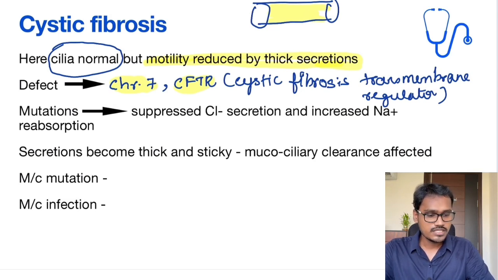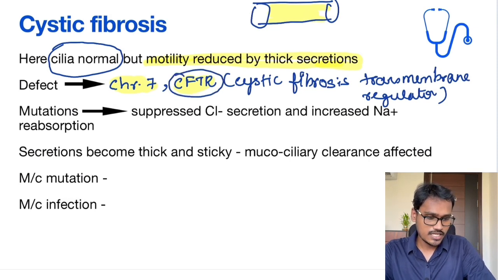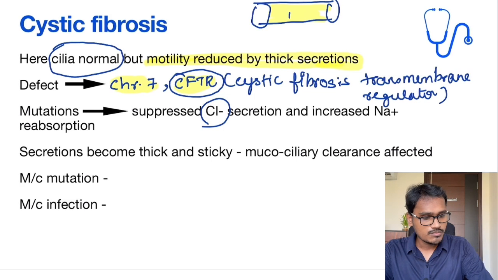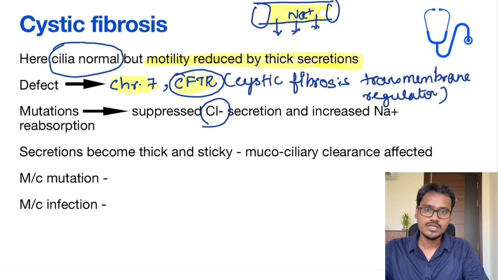And what is this CFTR gene? It codes for a specific ion channel, the chloride ion channel. So obviously the chloride secretion gets suppressed. Not only that, in the lumen more and more sodium gets reabsorbed. When more sodium gets reabsorbed, water also goes along with it from the lumen.